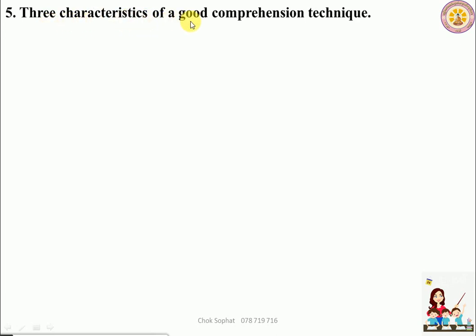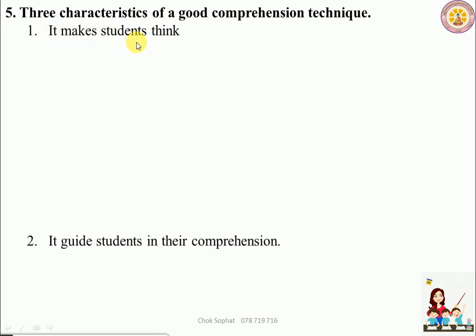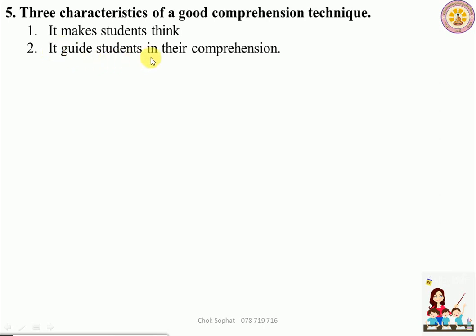Three characteristics of good comprehension techniques. What are the three characteristics of good comprehension techniques? Okay, one, it makes them think. So the technique that we think is a good technique is the technique that can make students think about the topic. Two, it guides them in their comprehension.